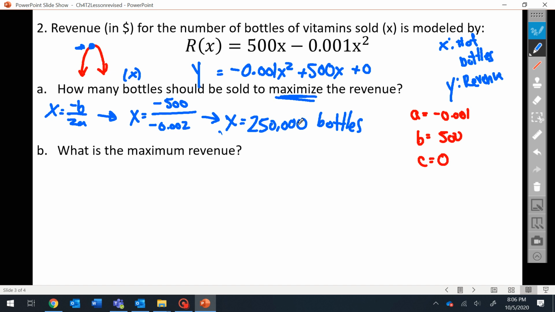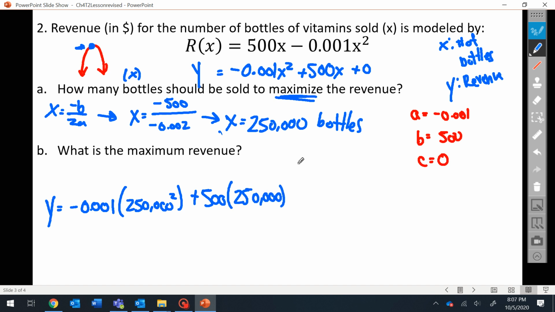If we want to actually know what that maximum revenue is, we need to substitute this back into the equation. So y is equal to negative 0.001 times x squared, so 250,000 squared, plus 500 times x, so 250,000, and then plus 0, you don't need to add that part if you don't want to.